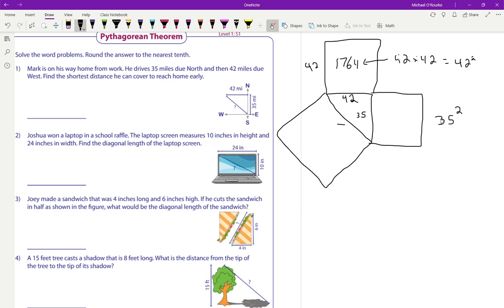I got a different number for 35 squared. Yeah. Good. Give me a second. I'm going to color code this.